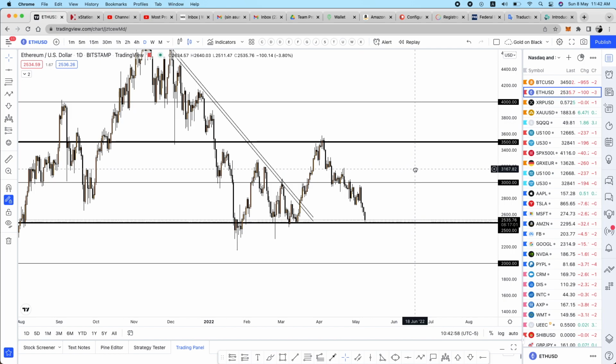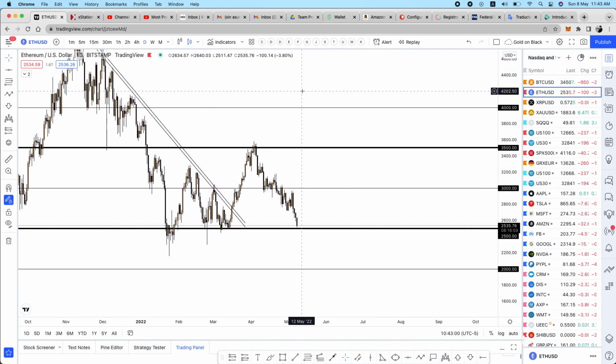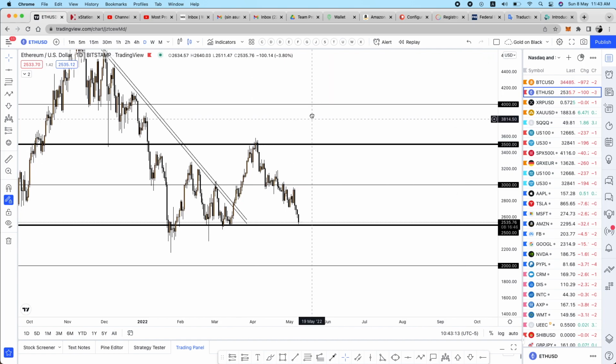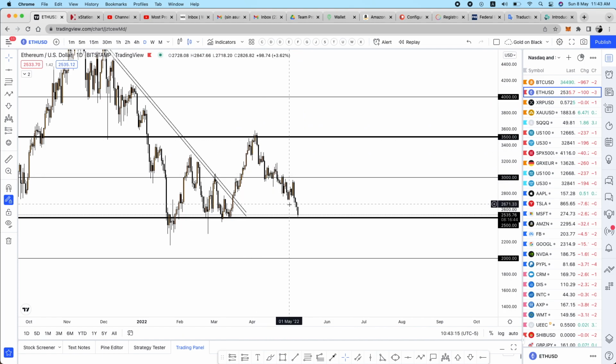Let's see what's going to happen. But at least you understand, you're drawing those rounded numbers every 1,000 or every 500, depending on what you see in the area. As long as it's an actual rounded number, you will see that the banks are actually aiming at those areas. Those are target areas.